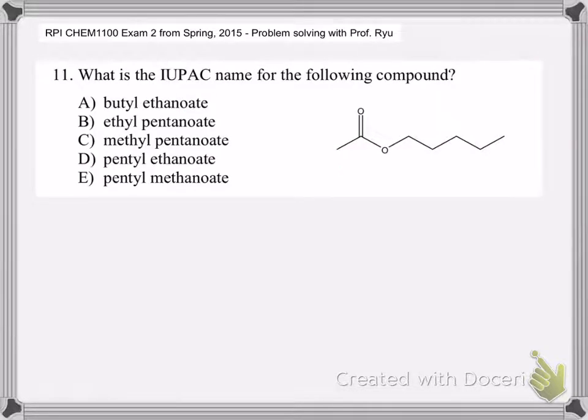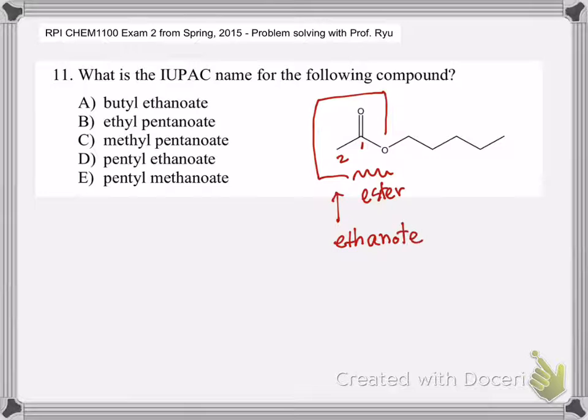Okay, so this is IUPAC naming of an organic compound. The thing that you notice here is what we call the ester functional group, and an ester functional group comes from an organic acid moiety, which has 2 carbons. 2 carbons means ethyl, so ethanoate comes from there, and this alkyl group comes from the alcohol.